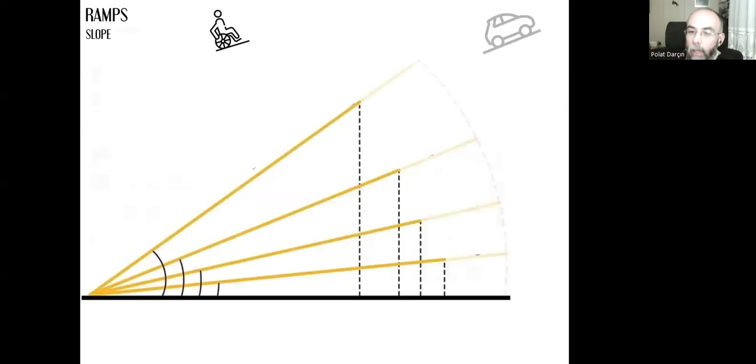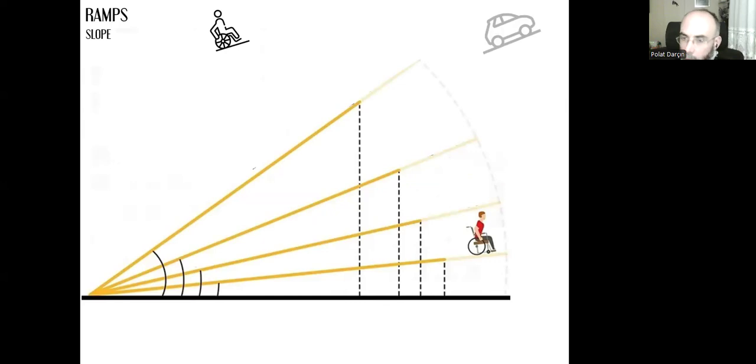As you know, either with the angle or the percentage, as the slope increases, it will be harder to use the wheelchair. With this slope, the user can push themselves. They can control the wheels because it requires upper body strength.